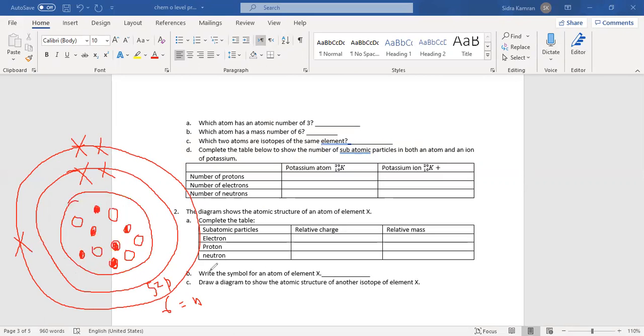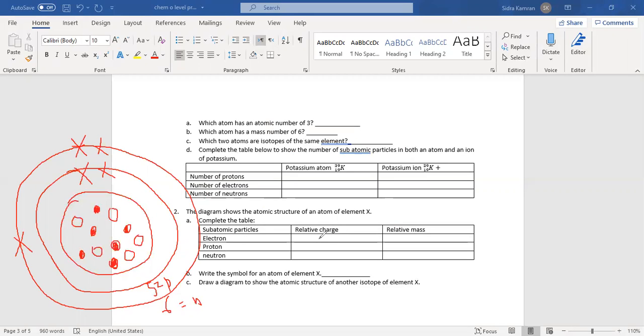According to this structure, you have to answer these questions. In the first question, you need this diagram. Complete the table. Subatomic particles: electron, proton and neutron. What is the relative charge of these subatomic particles?